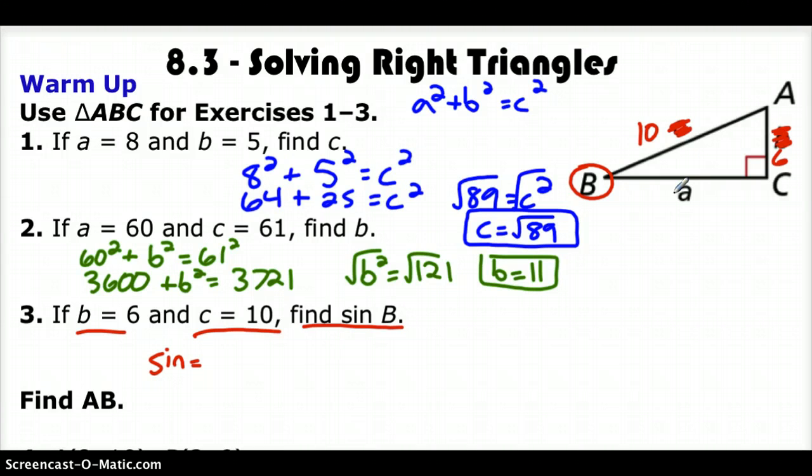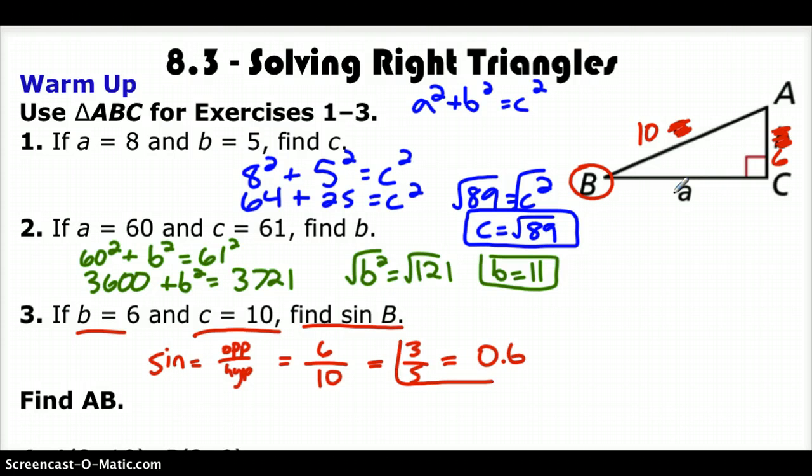The sine is the opposite over the hypotenuse. So in this case, the opposite over the hypotenuse is 6 over 10, which we can simplify to 3 over 5, or 0.6. So we just found the sine of b given those two side lengths, that leg and the hypotenuse.